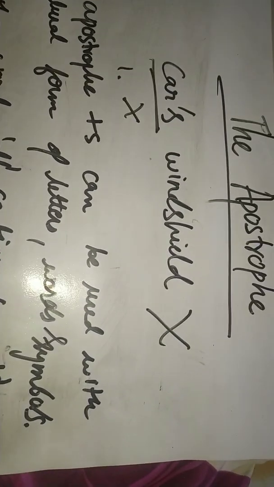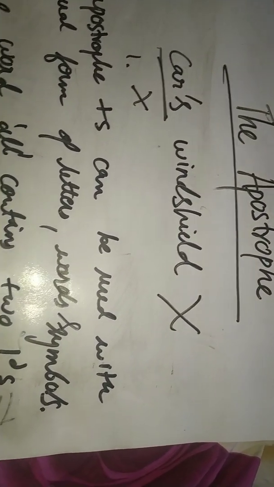So I hope the concept of the apostrophe is clear to you. It is used to show that something belongs to someone or some living thing. That is the first point.